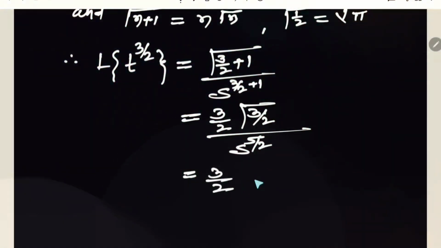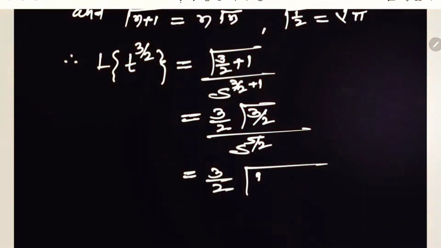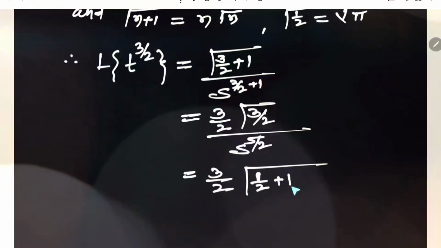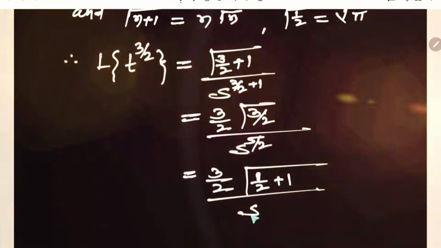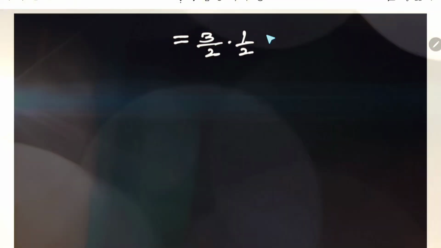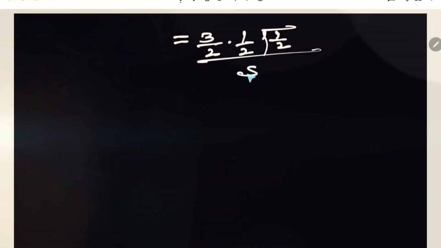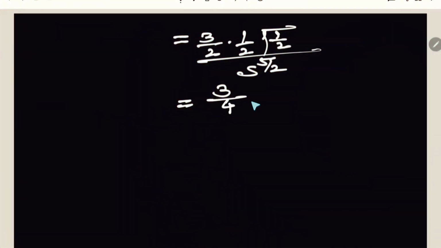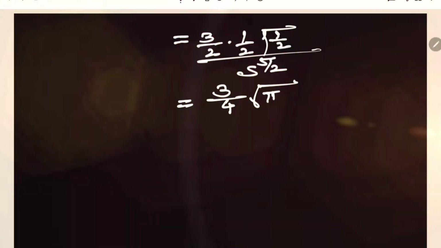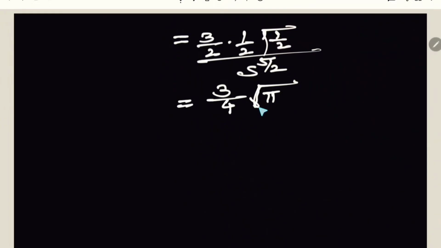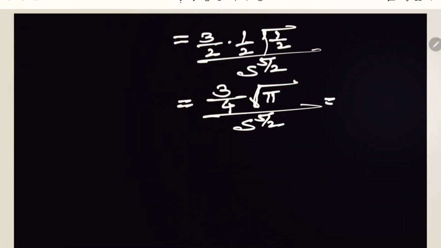Next step, 3 by 2 we keep as it is, and that gamma 3 by 2 we write as gamma 1 by 2 plus 1. Again applying that result, gamma n plus 1 is n gamma n, it is 1 by 2 into gamma 1 by 2 and whole divided by s raised to 5 by 2. It is 3 by 4, gamma 1 by 2 is root pi, divided by s raised to 5 by 2, and we call this f bar of s.